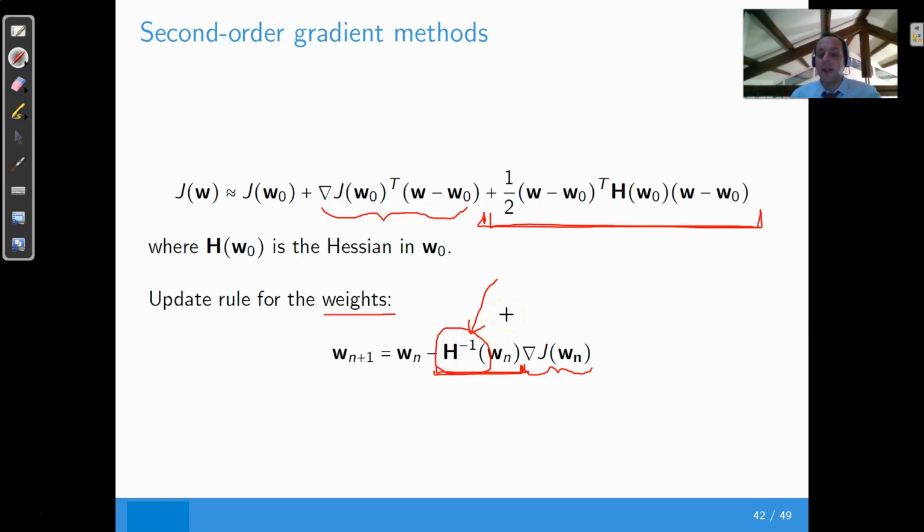You know that the inversion of a matrix can be computationally expensive, especially if the size of the matrix is big.